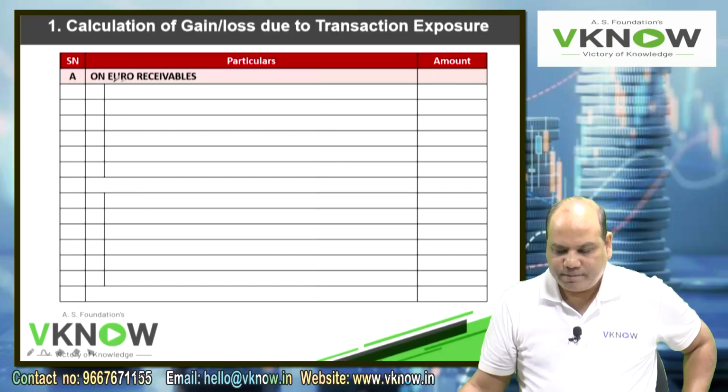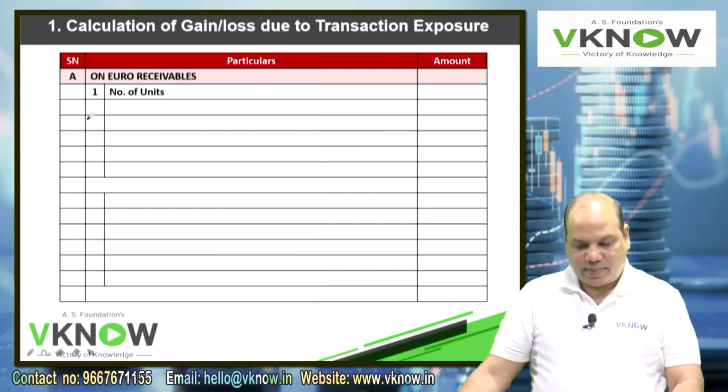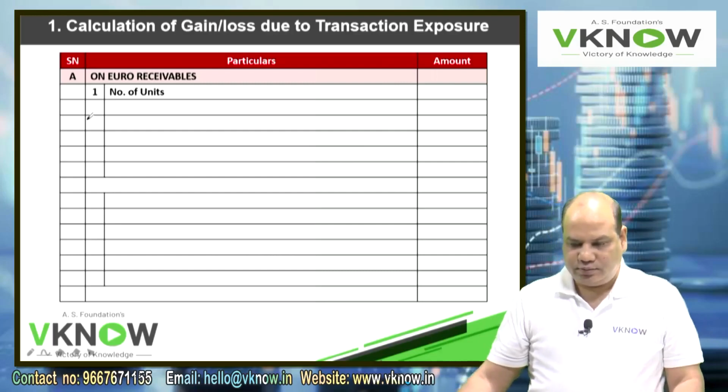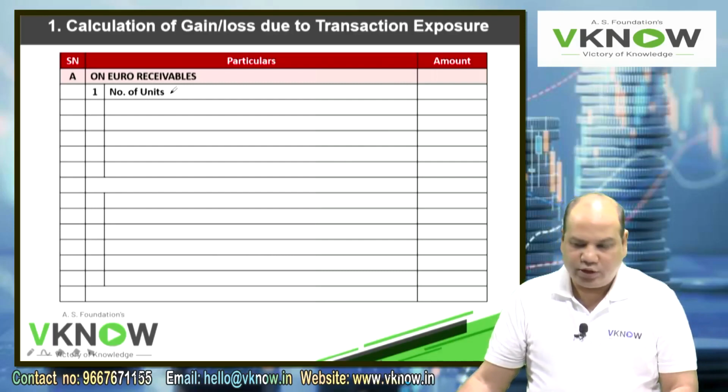First point A, on euro receivables, under that, number of units. On euro receivables we will have transaction gain, and on SGD we will have loss, and then we will find out the net gain or net loss.